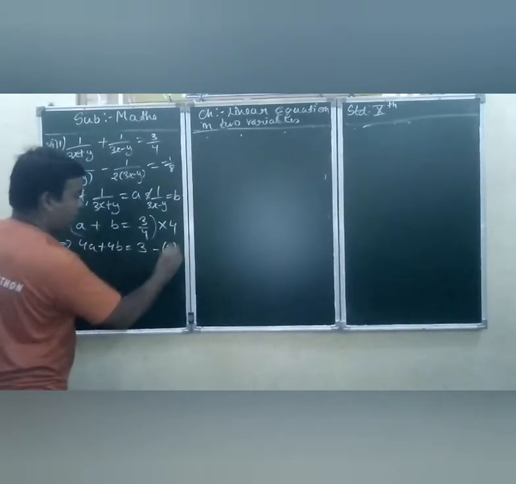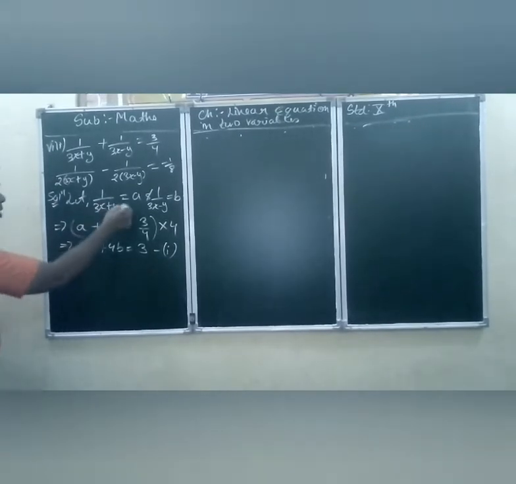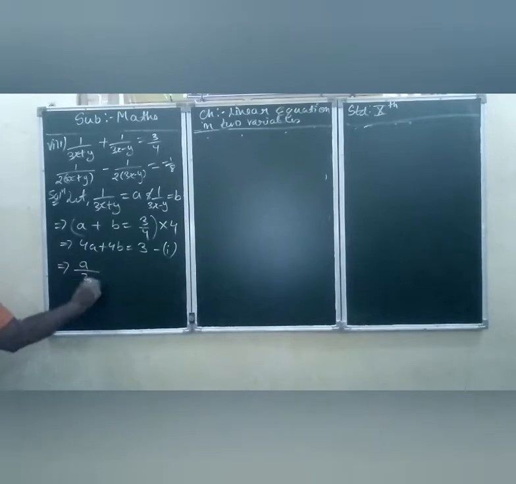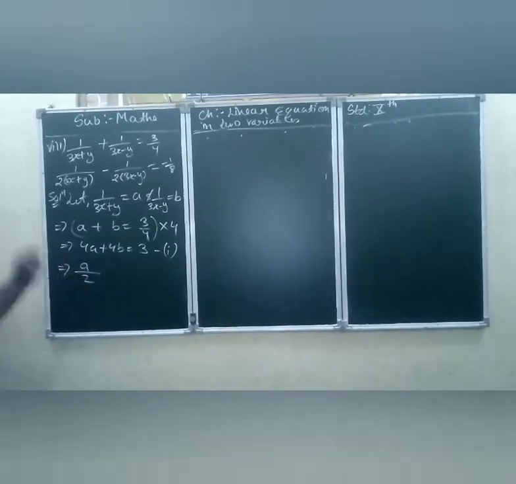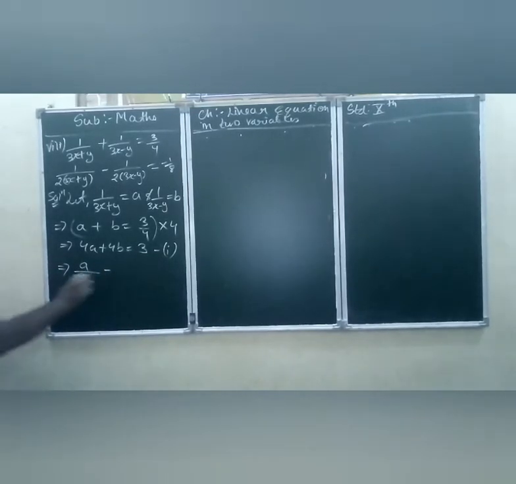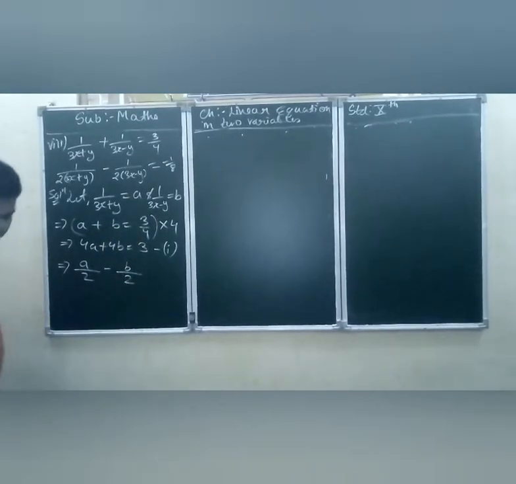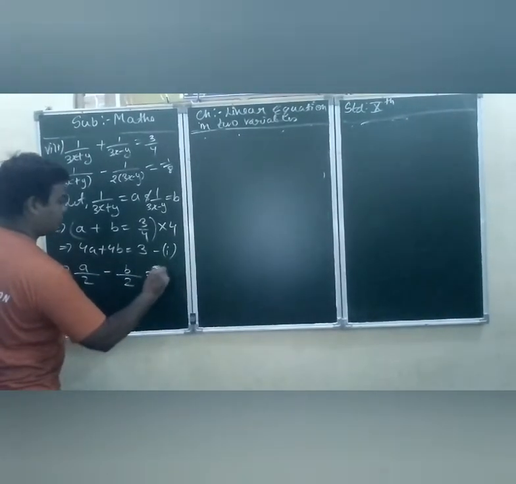This is the first equation. Then take the next equation, 1 by 2 in a bracket 3x plus y, but we only take 1 by 3x plus y equal to a. So we write the equation like a by 2 minus b by 2 is equal to minus 1 by 8.